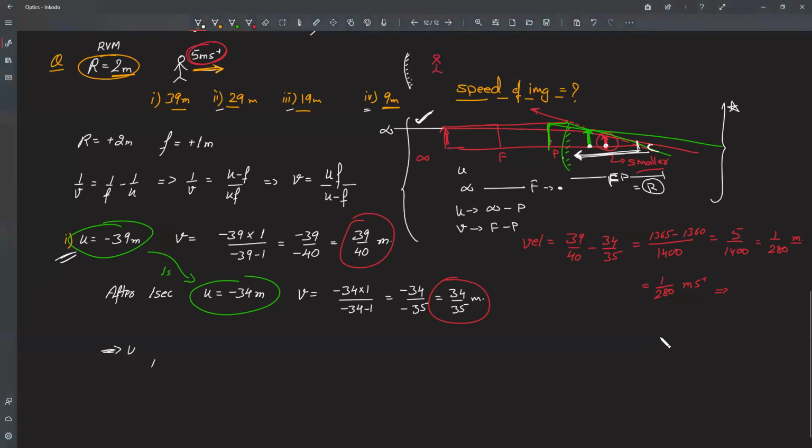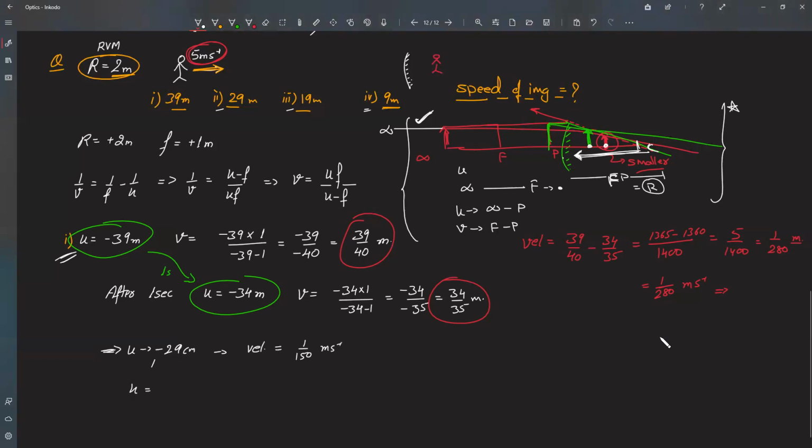So when u is minus 29 centimeter, that means little closer to the mirror, in that case the velocity is 1 by 150 meter per second.